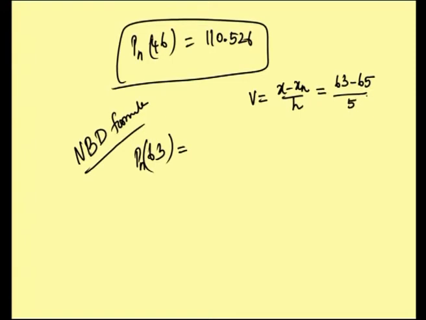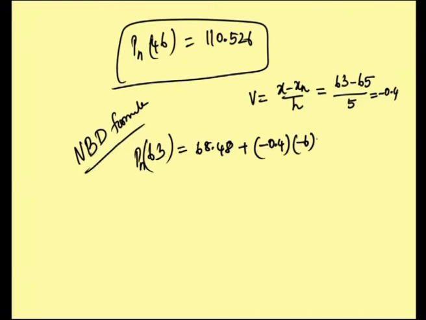H is 5, and this v value comes to be equal to minus 0.4. So, according to the formula, it is yn plus v into nabla yn. So, yn is the last y value, 68.48, plus v into minus 0.4 into nabla yn.